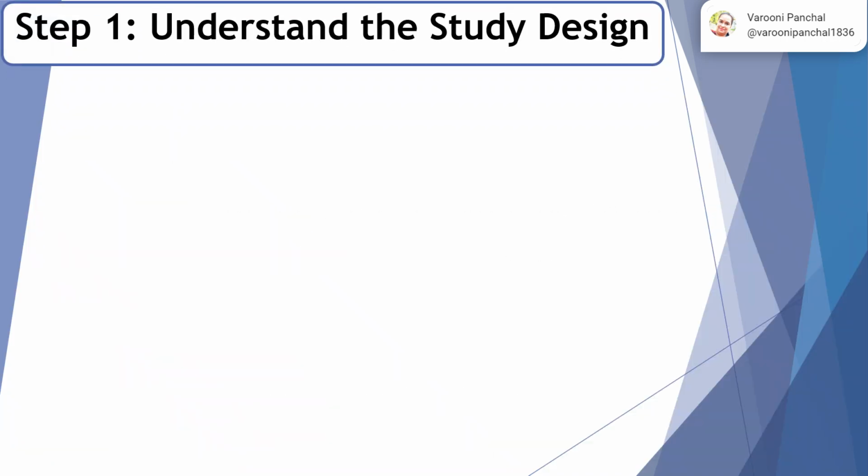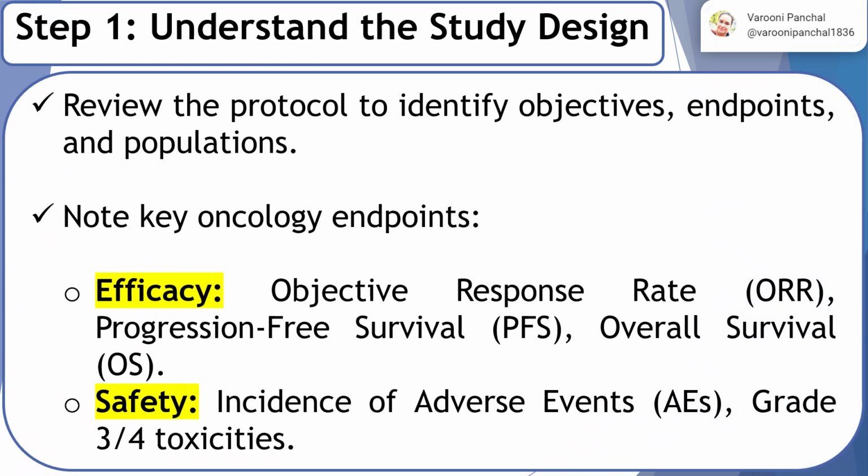Now step 1 is to understand the study design. The very first step is to understand and review the protocol to identify objectives, endpoints and populations. Whenever you get a protocol, and when you are new to the organization or new into the industry, it becomes very essential that whatever you are reading, you first understand, and that's how you find a way to implement, right?